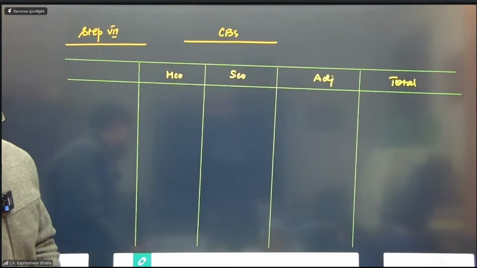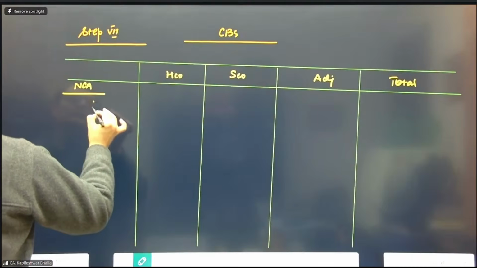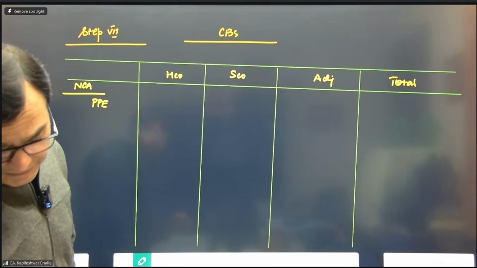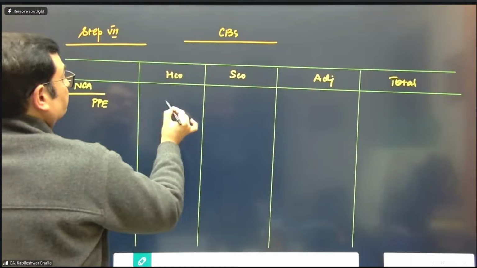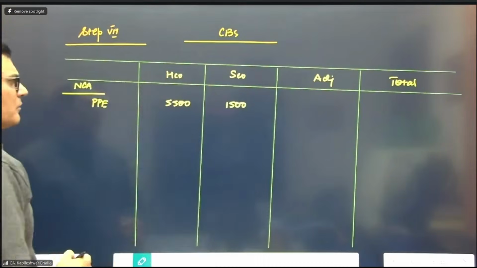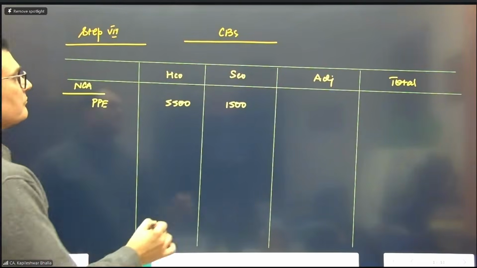Starting with the asset side, we have got PPE, non-current assets. The parent company is 5,500. Subsidiary is 1,500. And there was a fair value adjustment, I think 200, right?